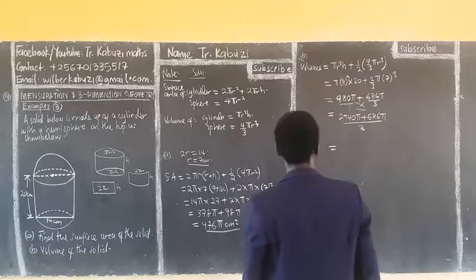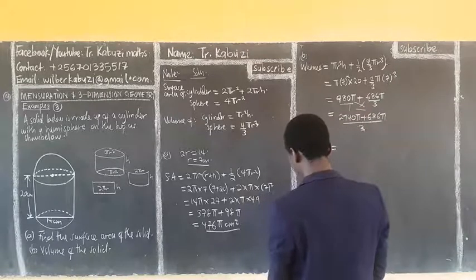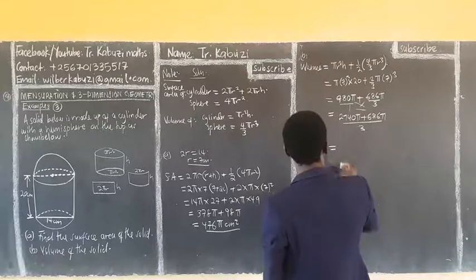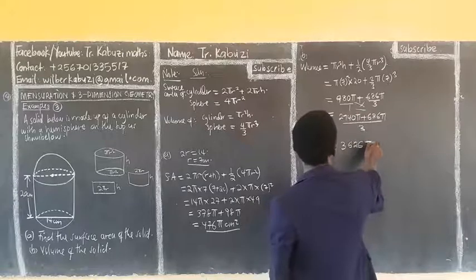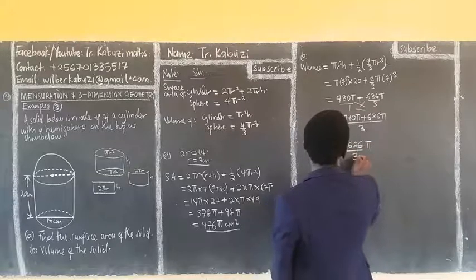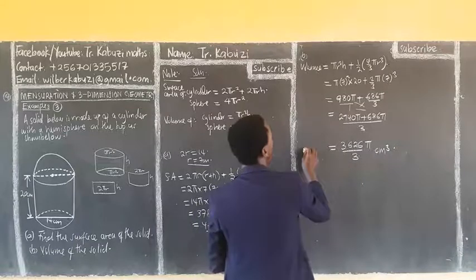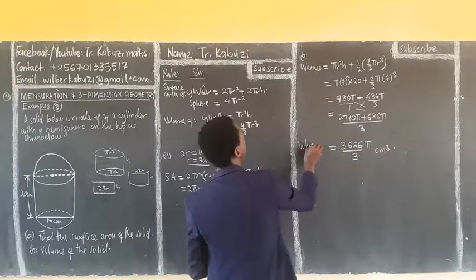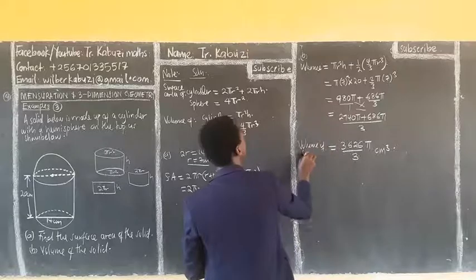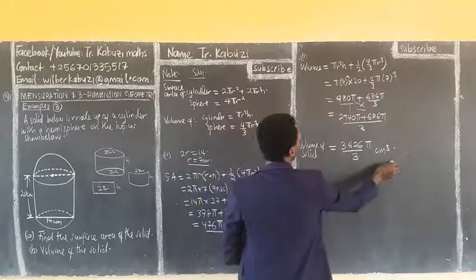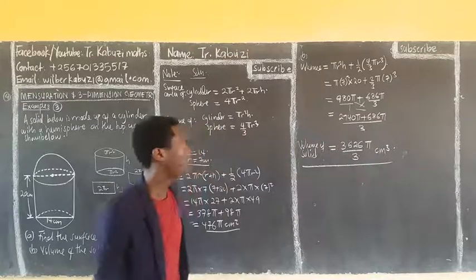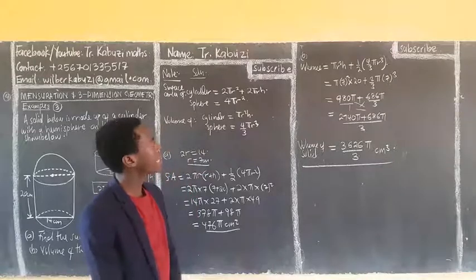And so the answer will be 3626 pi, the whole thing over 3, and these are to be cubic centimeters. And that would be the volume of the solid. We leave pi there because we don't know what pi is.